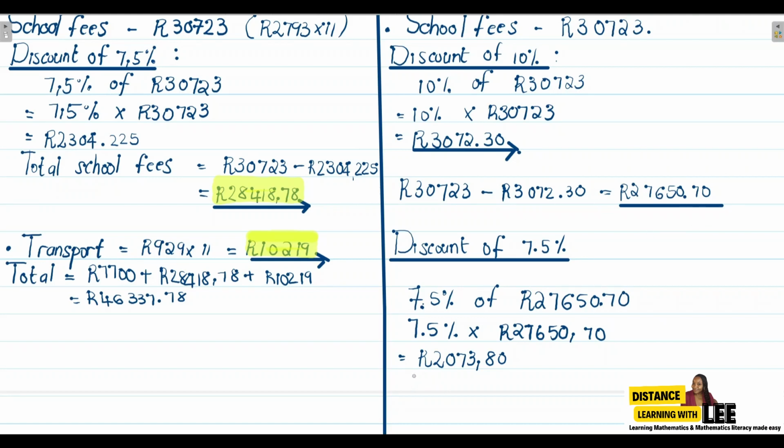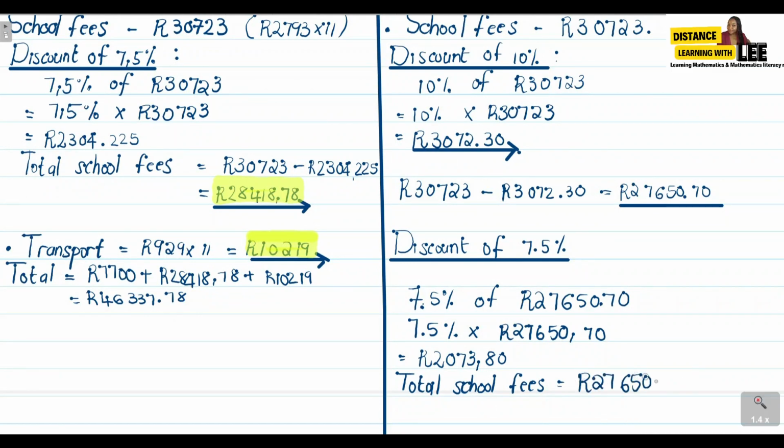Meaning that the total school fees the second twin pays is 27,650.70 minus that additional discount of 2,073 rand and 80 cents.